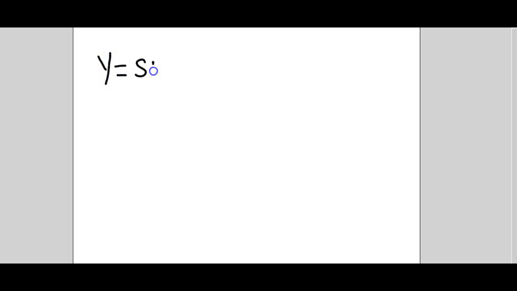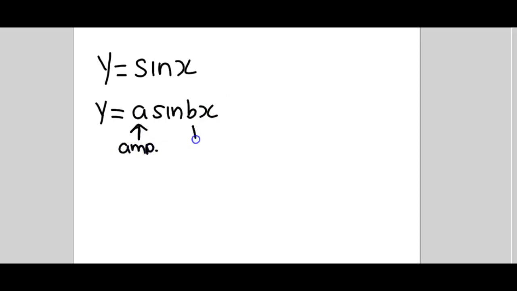Okay. So if we want to look at what a rough sine graph looks like, here's as simple as it can get. This is before there are any amps or anything included. We can even write it like this. This piece will be our amplitude, and this piece will be part of our period length, because remember I said period length is 2 pi over b.